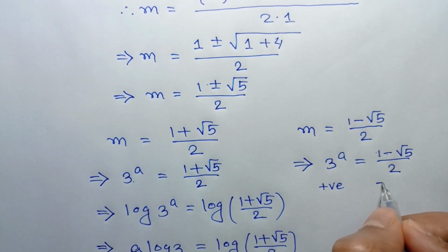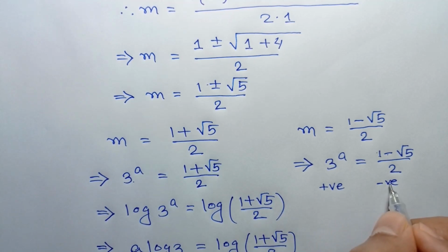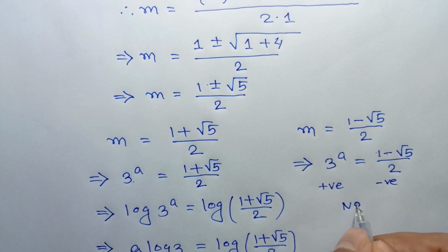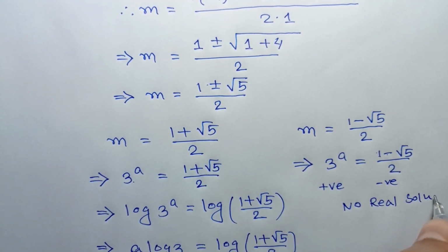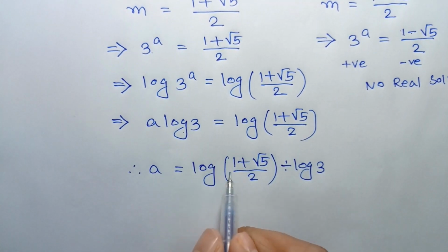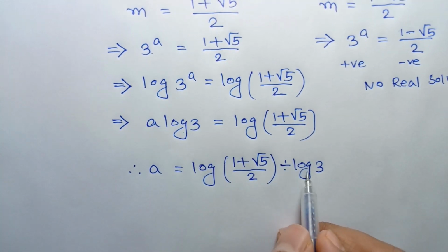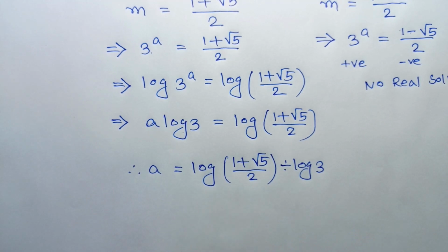So the right side is negative, the left side is positive, so there is no real solution. So the only real solution of this equation is log of (1 plus square root of 5) over 2 divided by log 3. So this is the solution of this equation.